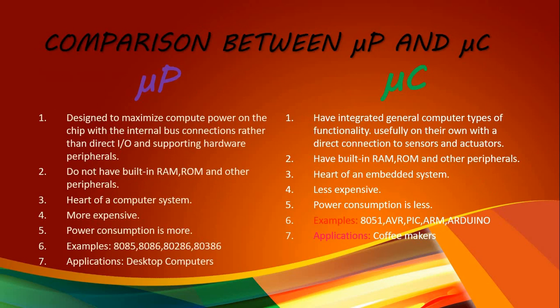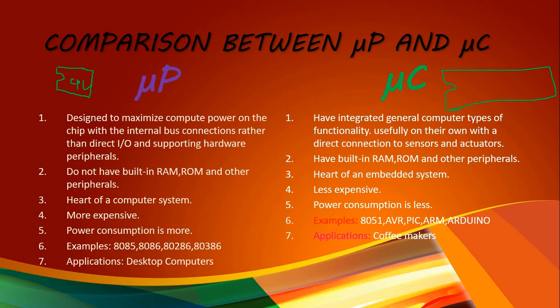See some comparison between a microprocessor and a microcontroller. See, this microprocessor will not have any internal bus connections, so it will be all separately connected. See, so this is a microprocessor IC which will have only a what? CPU. So in a microcontroller what will we have? We are having many of the peripherals.